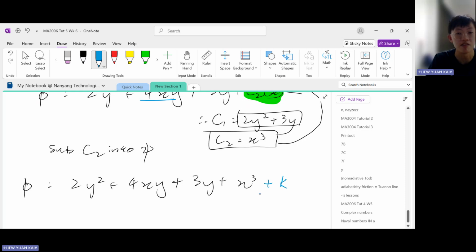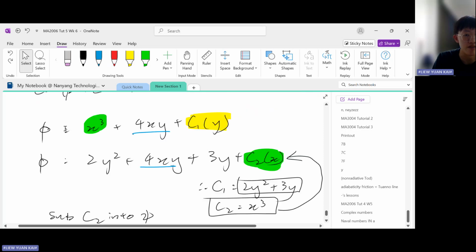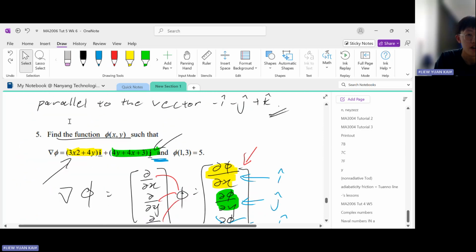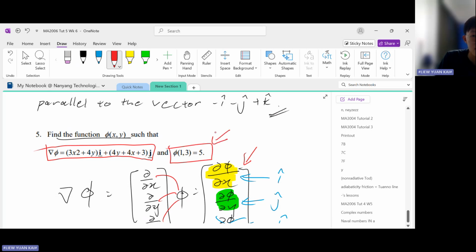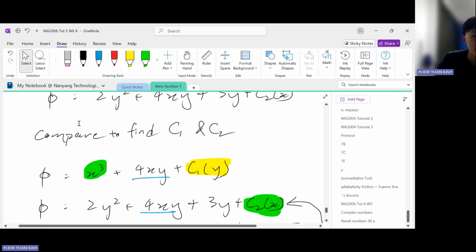And now, this is the question where this k will be useful. Why? Because don't forget, we are not done yet. Up until this point, we have only satisfied the first condition. The first condition states that Nabla of phi is equal to this vector function, but we have not satisfied this one yet.